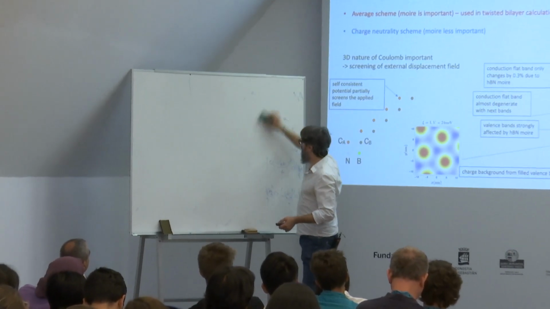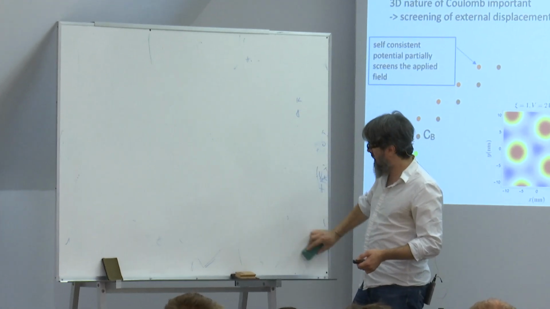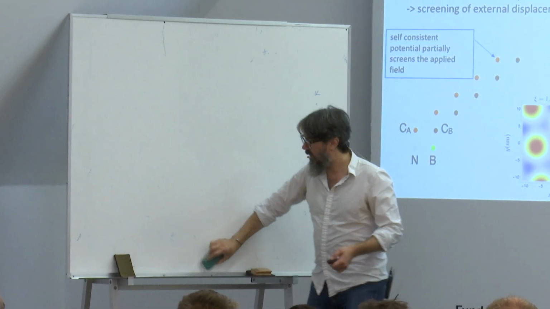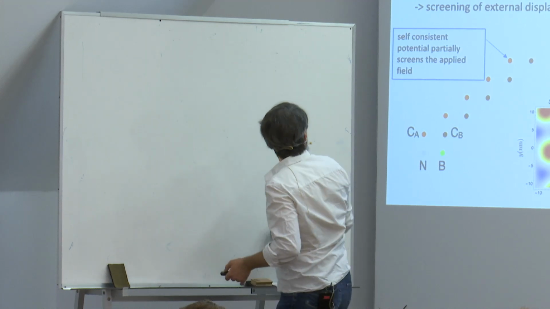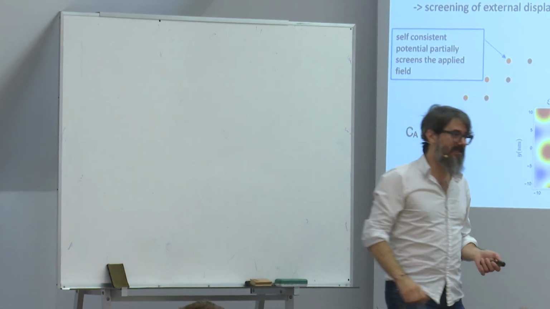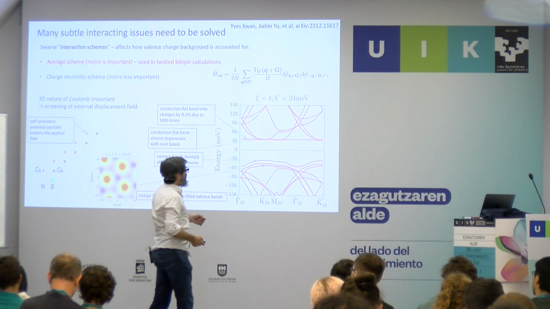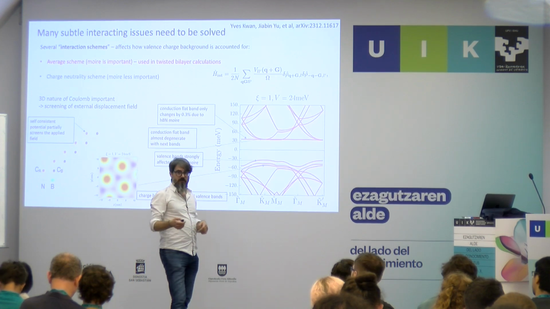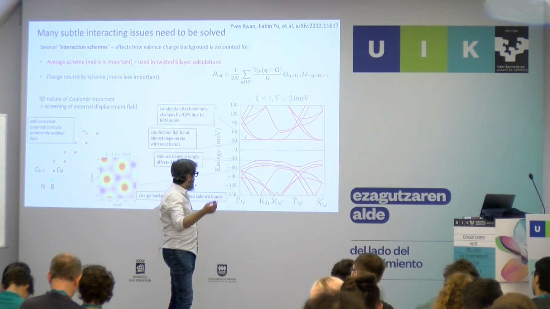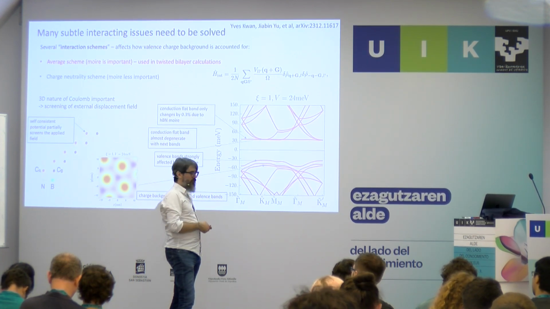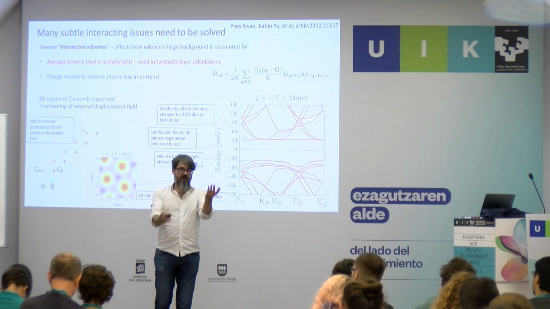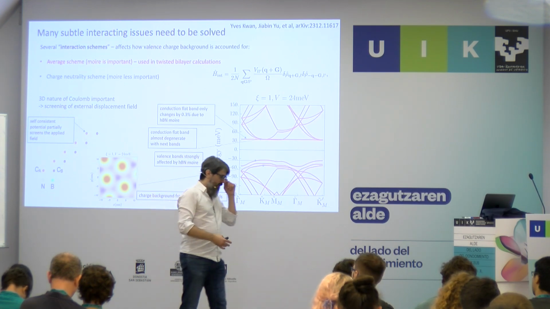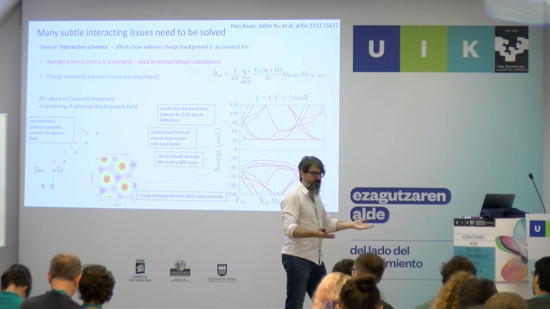And this is a common theme when you add interactions, that basically you've got to make a choice, which is called the subtraction scheme. So this is what people, Nicolas and Eve, I think, spoke about, what people do in TMDs. TMDs have a huge gap, okay? And huge single particle gap.